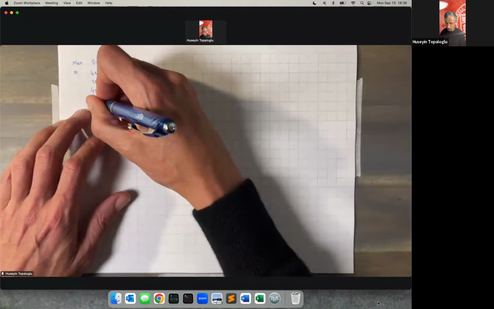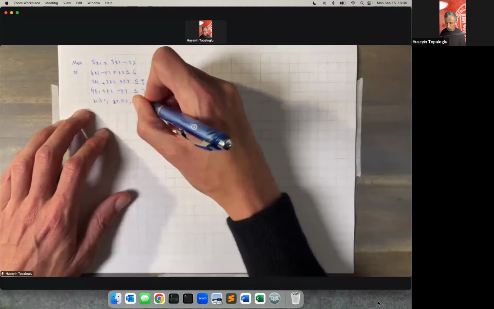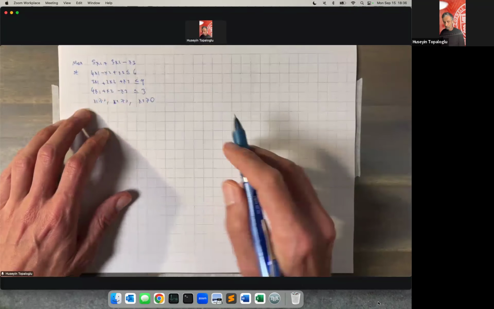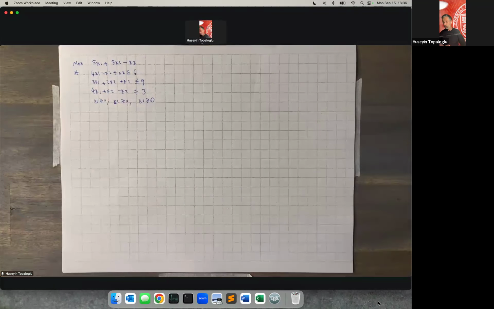And my decision variables are all restricted to be non-negative. Okay, so this is the linear program that we would like to solve.